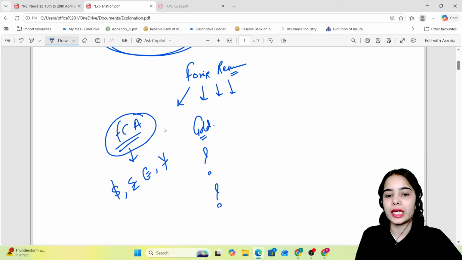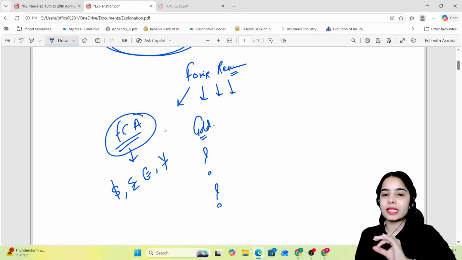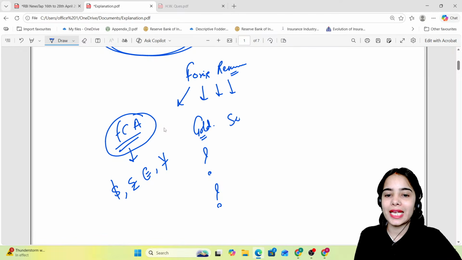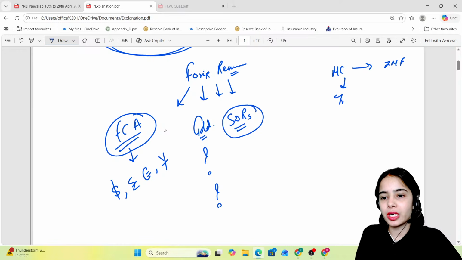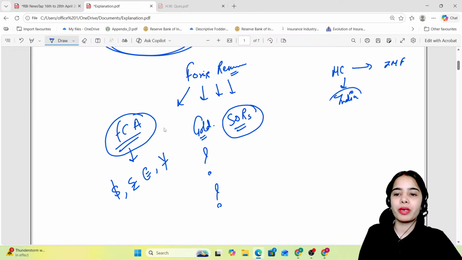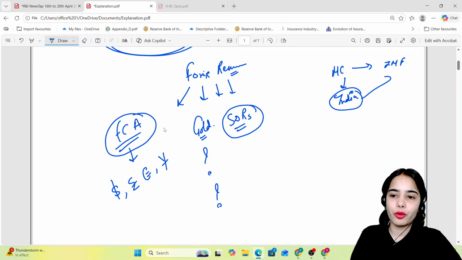But what are the other things kept in the foreign exchange reserves? The SDRs, the special drawing rights. I hope you know that India is a member country of the IMF, and all member countries have to provide a quota to the IMF.